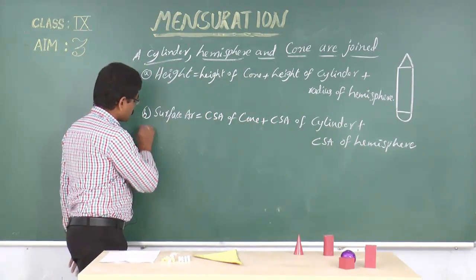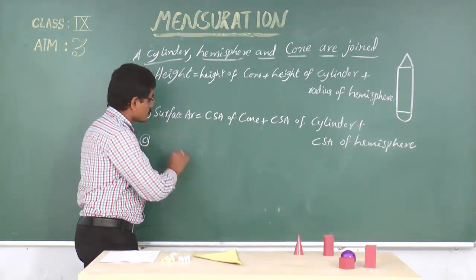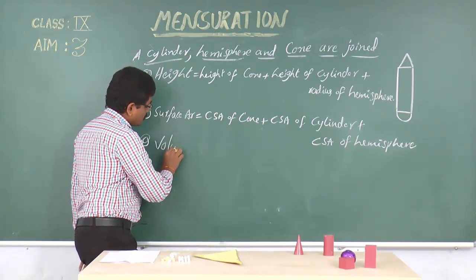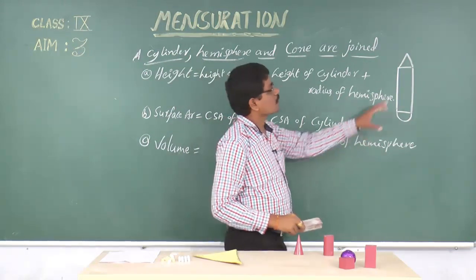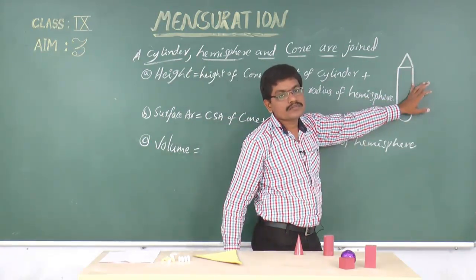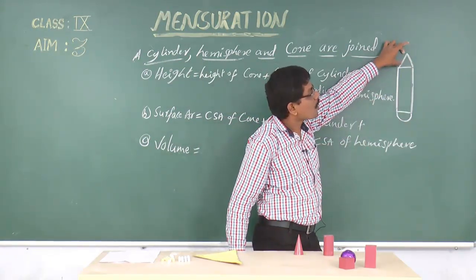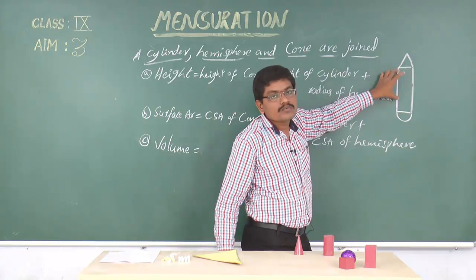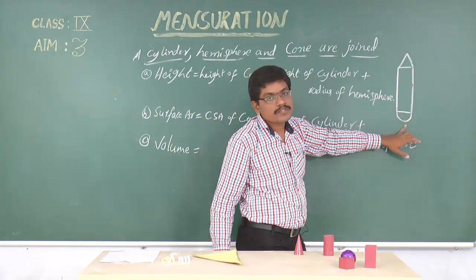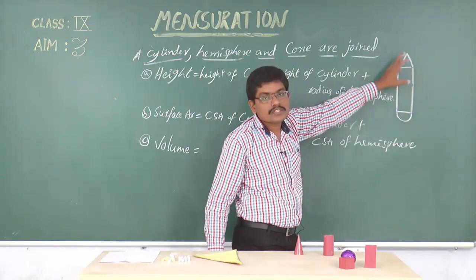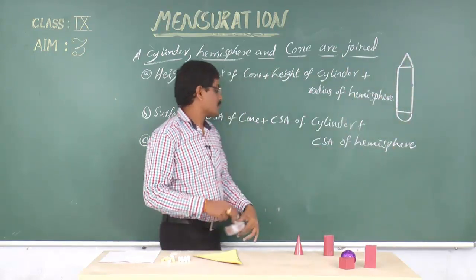And third one is volume. To get the volume of this new solid, we have to add volume of cone, volume of cylinder, volume of hemisphere. If we add these three, then we'll get the total volume.